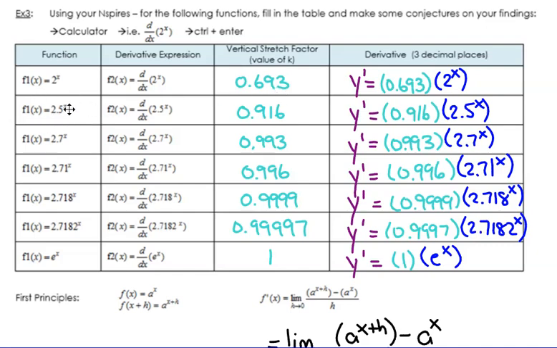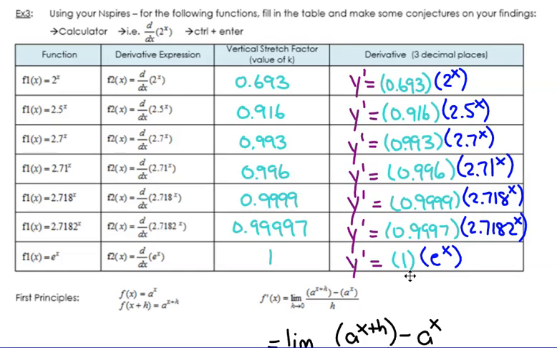And when I graphed this one and its derivative, the second one was stretched from the first one this much. In other words, the derivative, which I wrote over here, is the original function multiplied by that k factor. And as the original got closer and closer to e to the power of x, I noticed that the k values got closer and closer to 1.